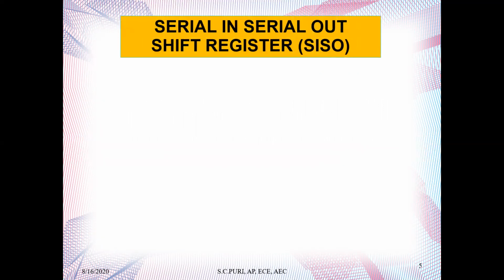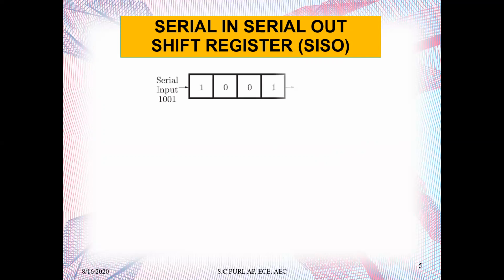Now the first variety of flip-flop register is the SISO, the serial in, serial out shift register. This is how the data will be fed in and fed out. So in this way, data will be first fed serially.